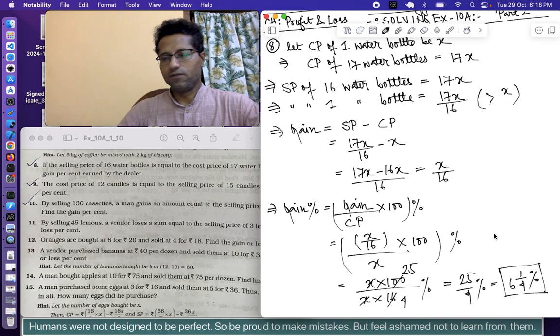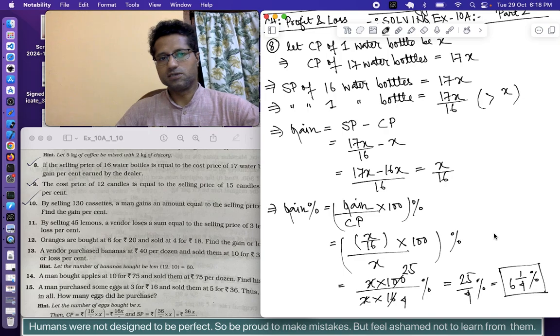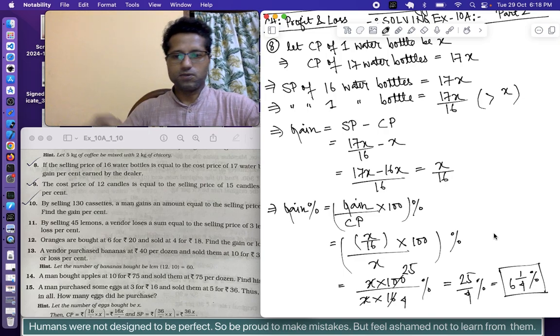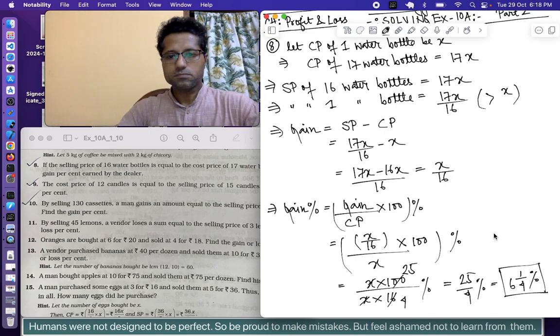Gain percent or loss percent does not depend on the number of items involved, whereas the absolute value of gain, profit or loss will definitely depend on the number of articles purchased or sold. Please keep this in mind. Okay, let's do problem number 9.